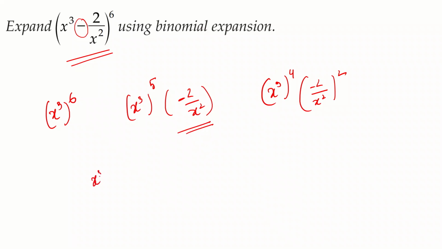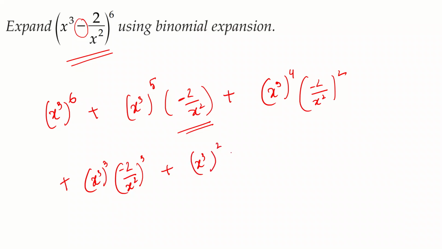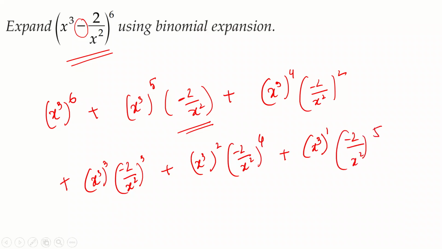Then for the next term, x cube's power will be even further reduced and minus 2 by x squared's power further increased, with plus between all of these terms. The power of x cubed keeps decreasing to 1, and finally there is no x cubed term and we have minus 2 by x squared whole to the power of 6.